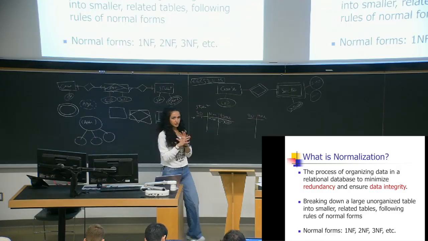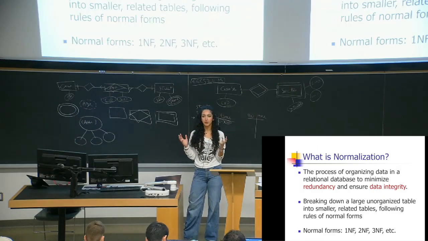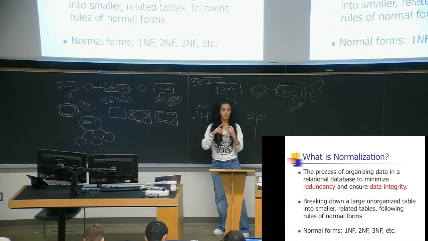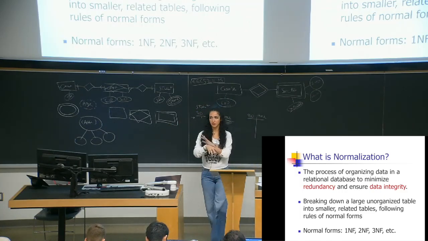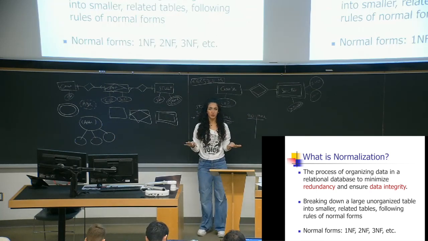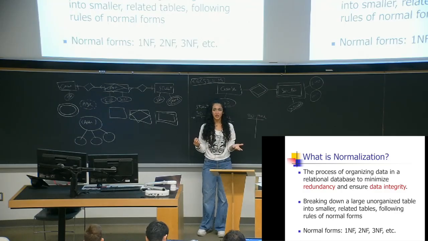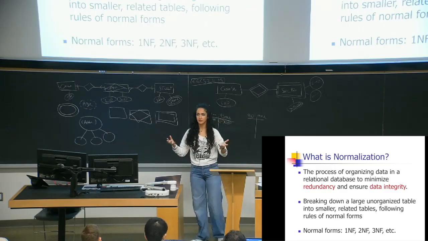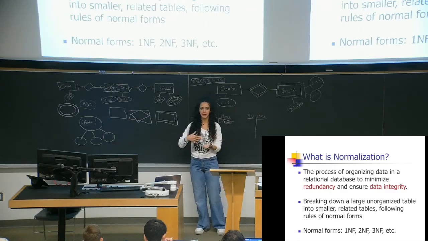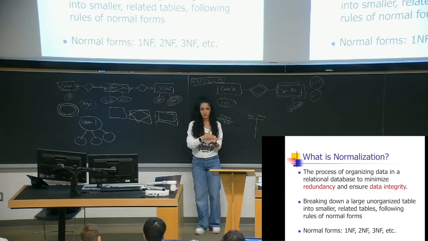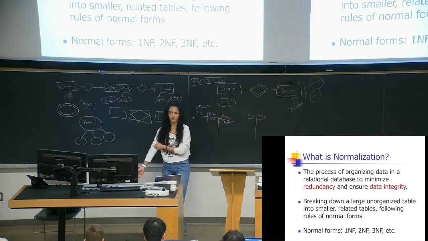In short, it's the process of breaking down your larger table, which includes student, course, instructor, all this information, into separate tables. I would suggest you consider a separate table for each entity, right? For instance, instructor is a separate entity. It has its own attributes, it has its unique identifier, so there should be a separate table for instructor.